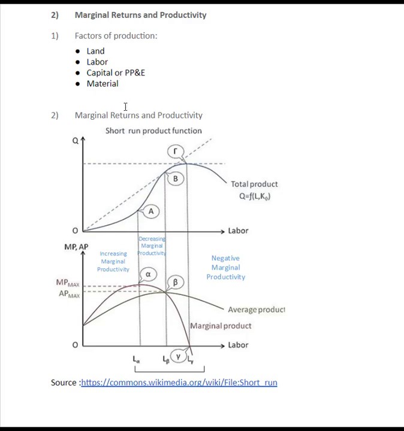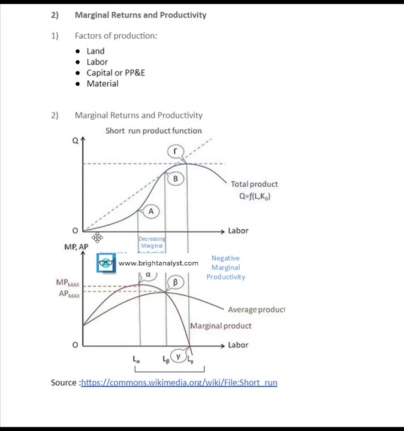So, here's a diagram. The way to read this diagram is we have on the x-axis the quantities of labor, which is the only variable factor in the short run, and our y-axis is the quantity which we are producing.